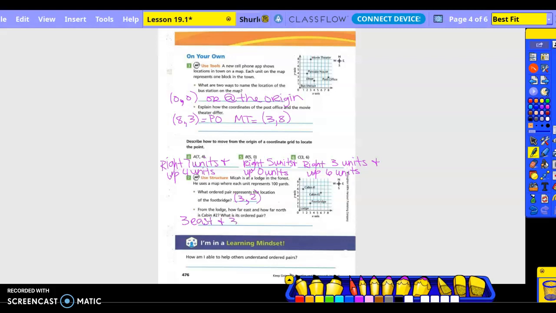And then 3 north. My ordered pair is what for the cabin? 6, 5. And then, is that the difference? 6 minus 3 is 3. Okay, and 5 minus 2 is 3. So did that work out then?